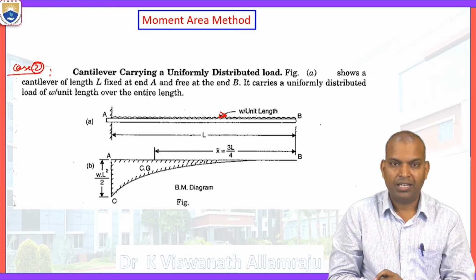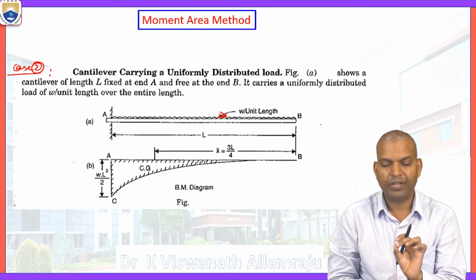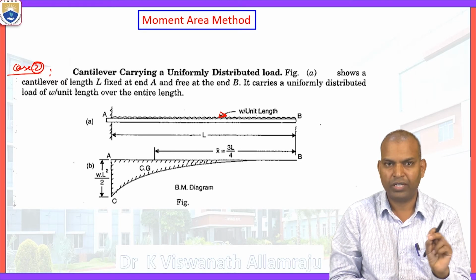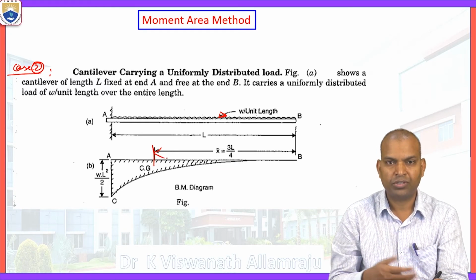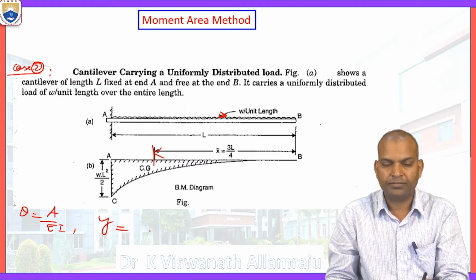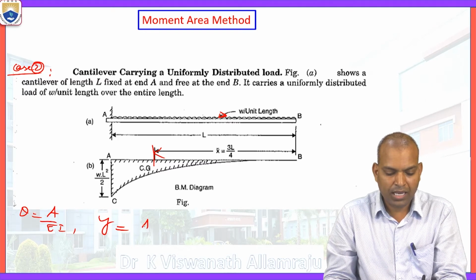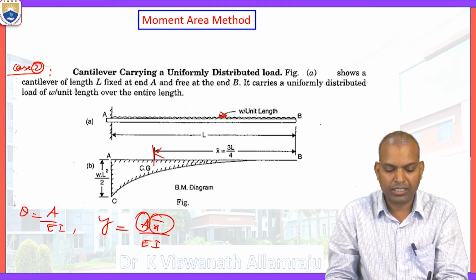Another one is the centroidal distance of the diagram from the free end to the fixed end. If we know these two values, theta is the area of the bending moment diagram by EI, and the deflection is A x bar by EI.